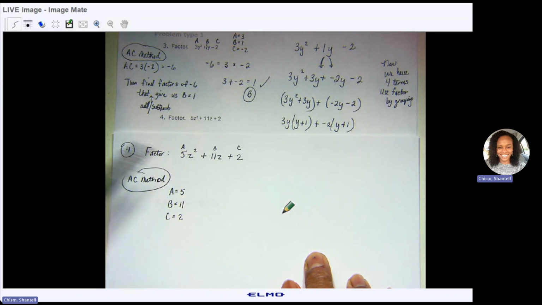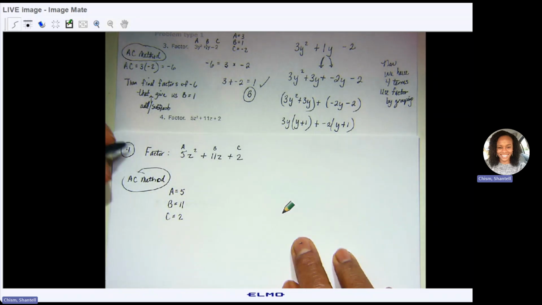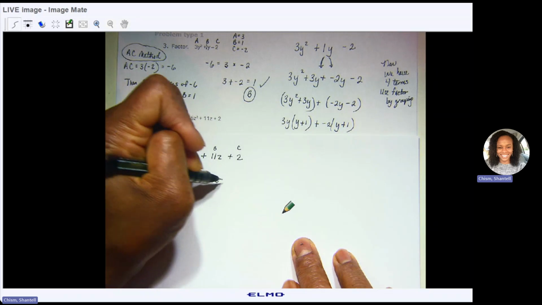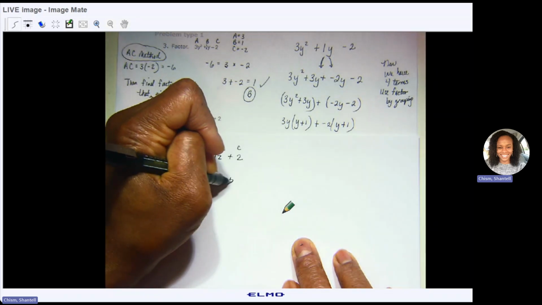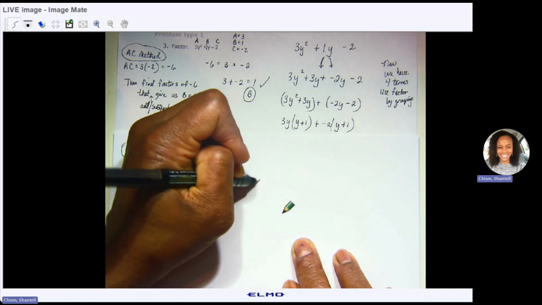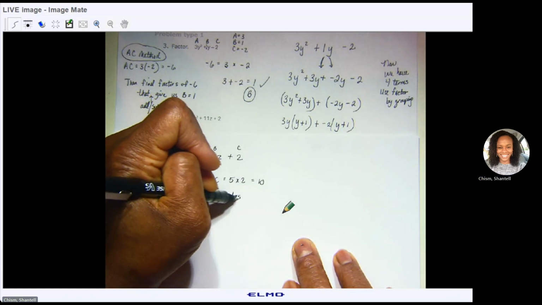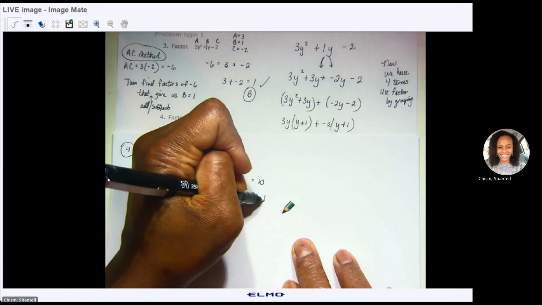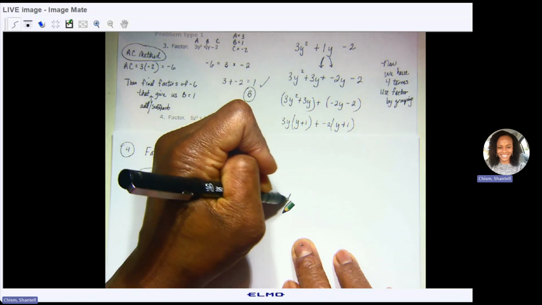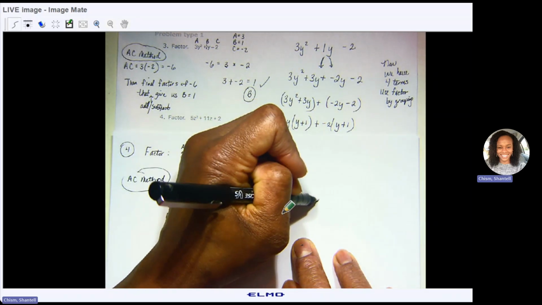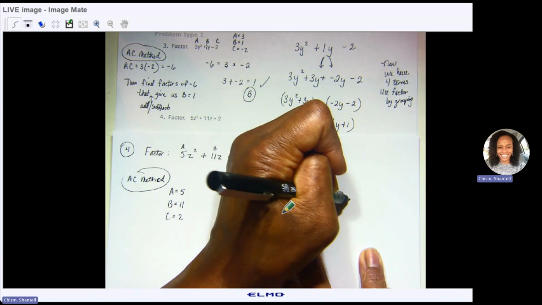And of course, the leading coefficient is positive. All right, so A times C. AC method says I multiply A times C. So that would be 5 times 2, which is 10. So I'm looking for the factors of 10 that add to give the B term, the middle B term.